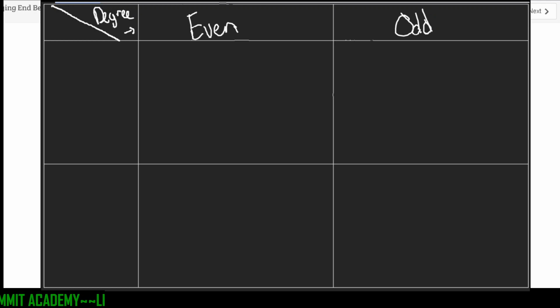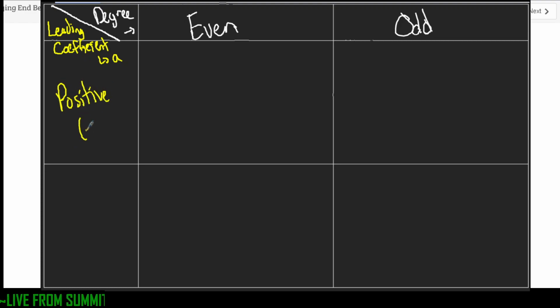The other option is our leading coefficient. What I mean by leading coefficient is that value of a. The options for that are going to be positive, meaning the leading coefficient is positive, or otherwise it's going to be negative.